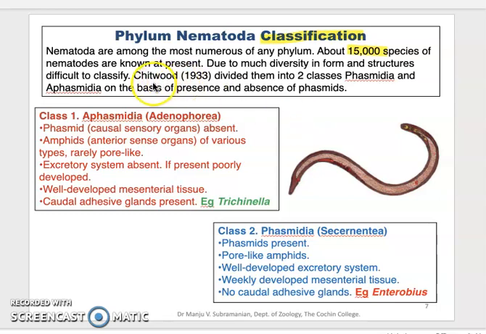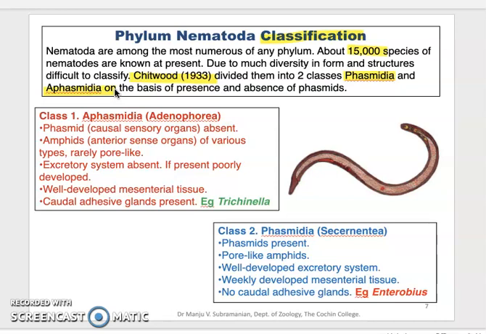These nematodes were classified into two classes by Chitwood in the year 1933, and he divided the phylum Nematoda into class Phasmida and Aphasmida on the basis of the presence or absence of phasmids. And what are these phasmids?